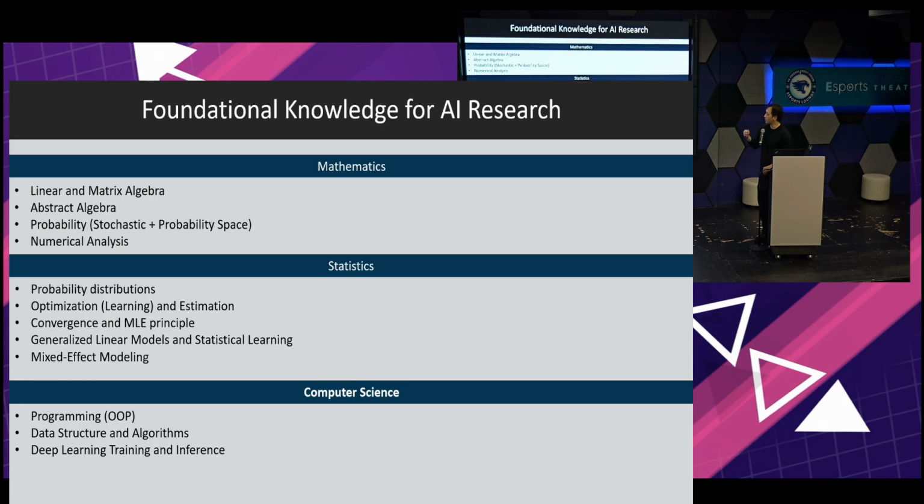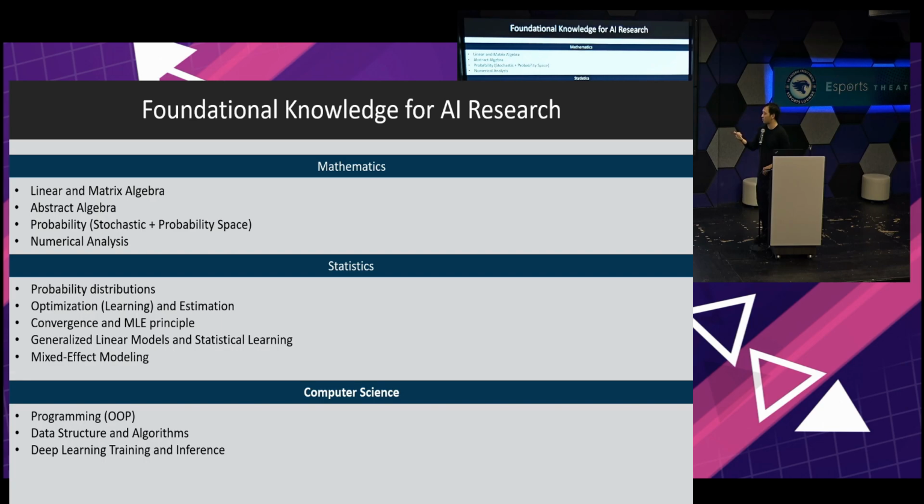And then you want to know about the MLE principle and convergence, and most important, I think, generalized linear models, which are very related to the early days of machine learning.